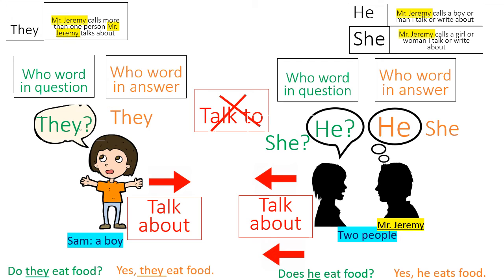The who word in the answer is also he. Yes, he eats food. If the who word in the question is she, because a person is talking about a girl or a woman, then the who word in the answer is she. Okay?